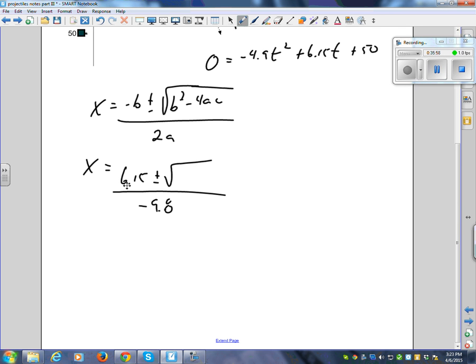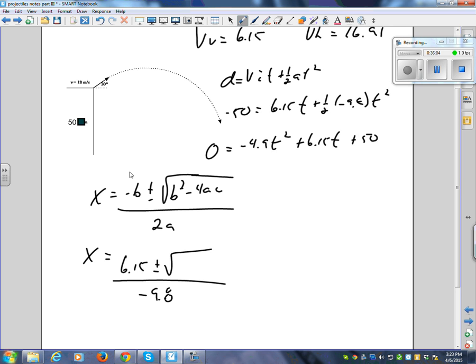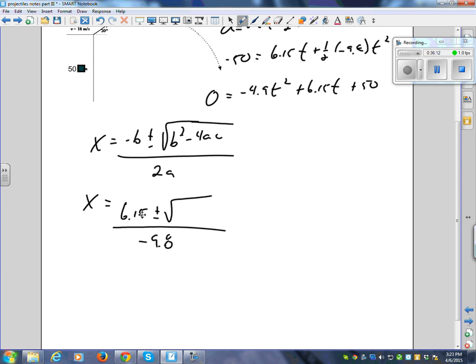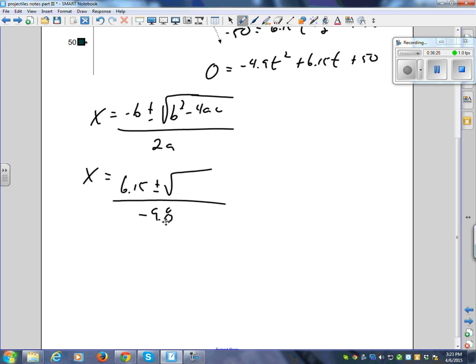This would have to be very large negative, right? This 6.15, and that comes, no, it's not. It's always going to be negative, isn't it? Because this is always going to be positive, this 6.15. So the only way for it to be negative is to subtract. So it's always going to be subtract, isn't it? I never realized that before. So just pick the one that makes time positive. Yep, pick the one that makes time positive.